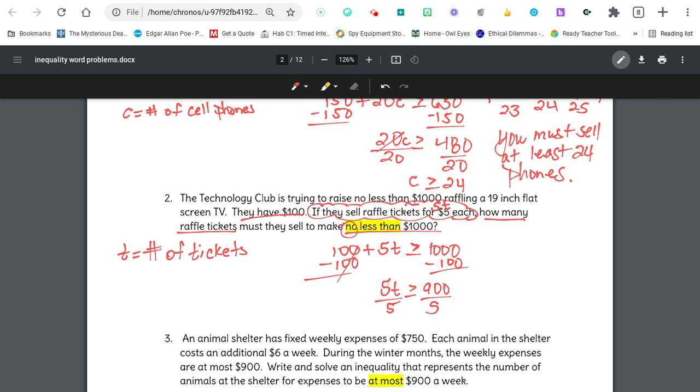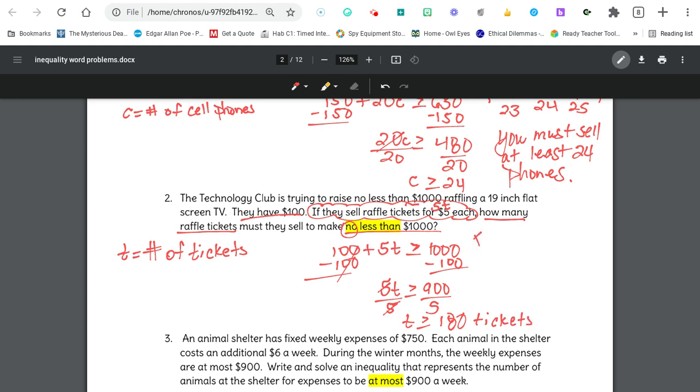Divide both by 5. So they got to sell at least, let's see, do 900 divided by 5. They got to sell at least 180 tickets, guys.